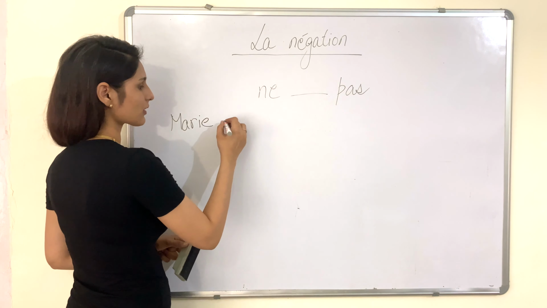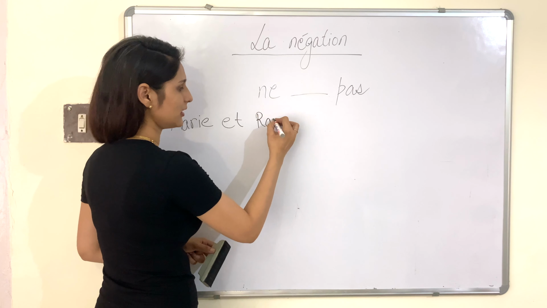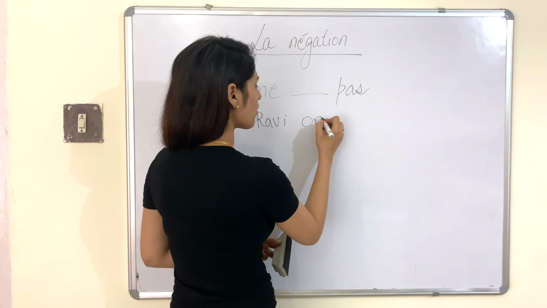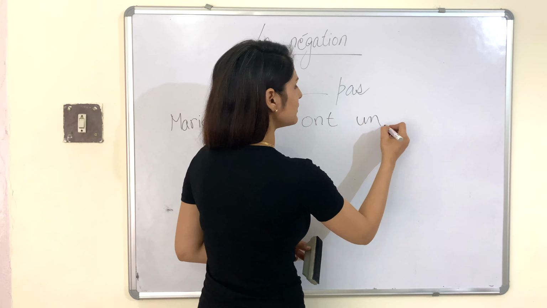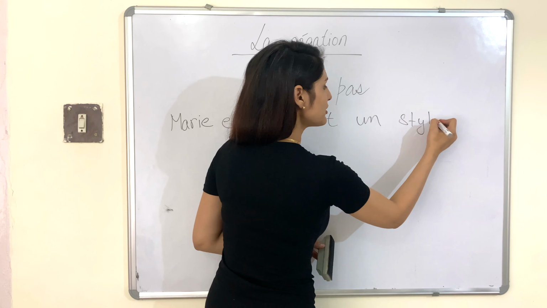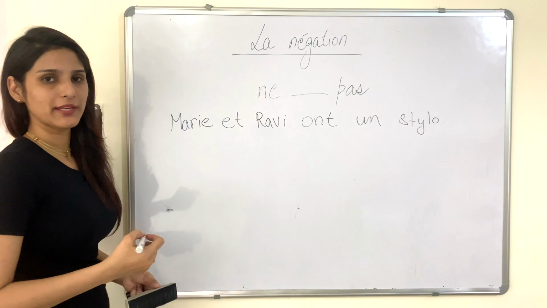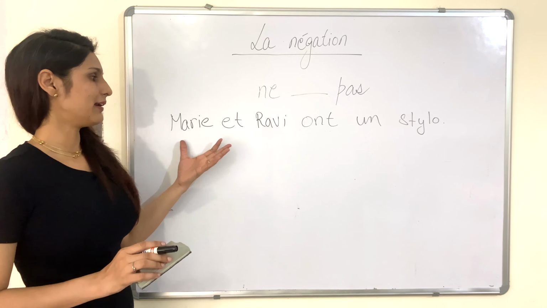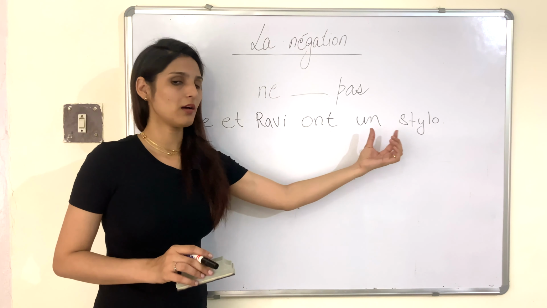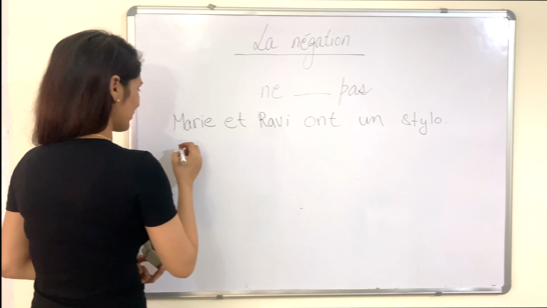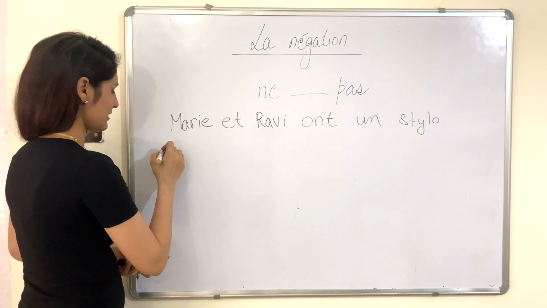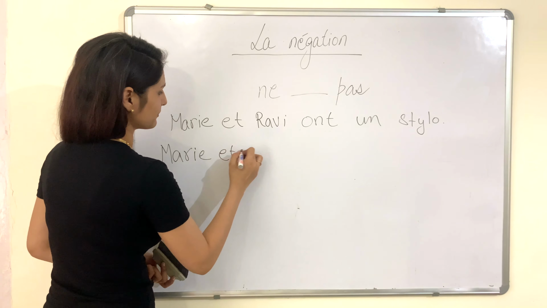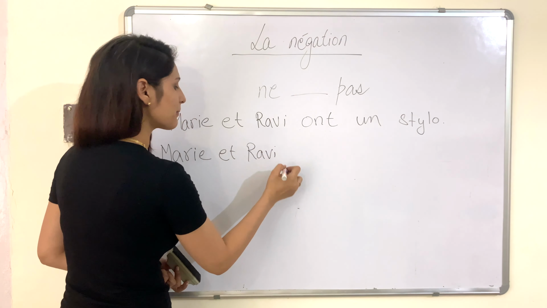Marie et Ravi ont un stylo. Now these are two people and they have only one pen to write on a paper with. I just mentioned Marie et Ravi ont a pen. Now, negative of this phrase. Marie et Ravi, these both are my subject.